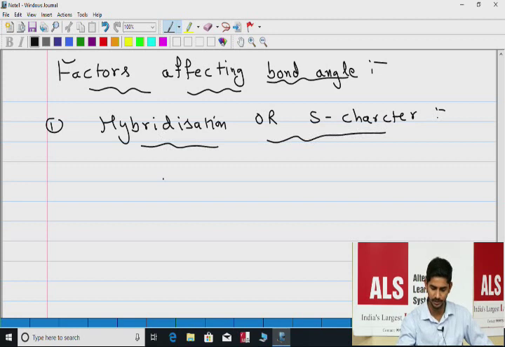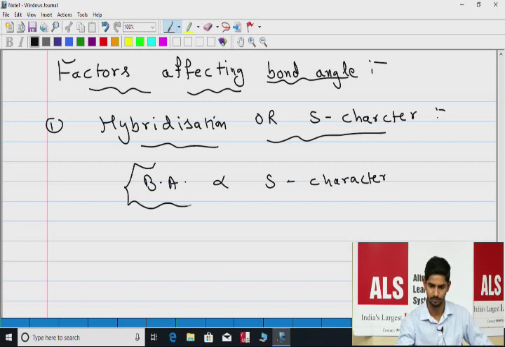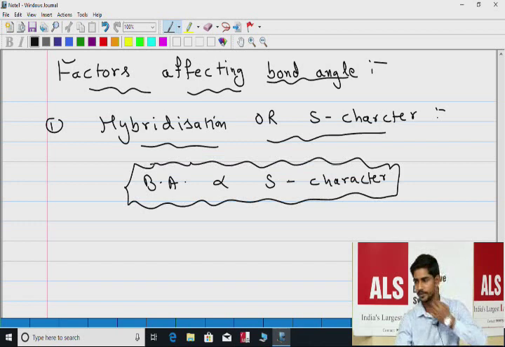You can simply check that bond angle is directly proportional to the S character. Copy this first.